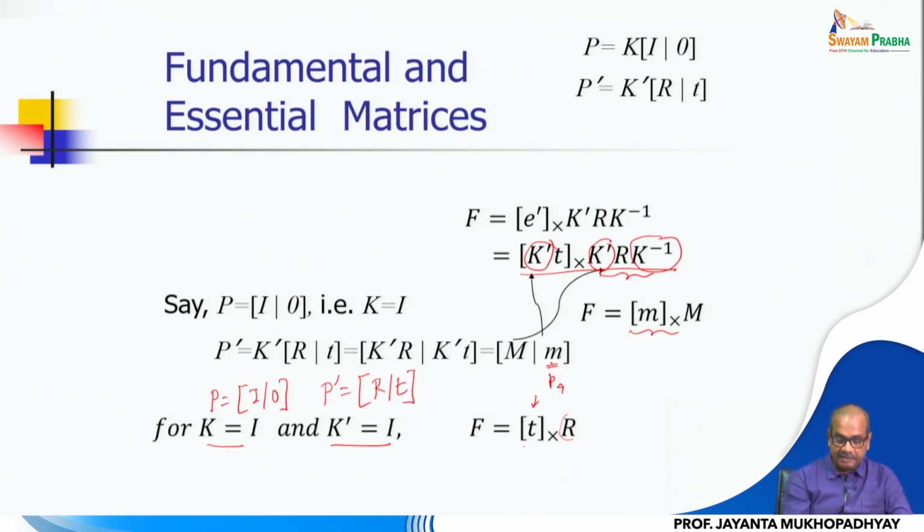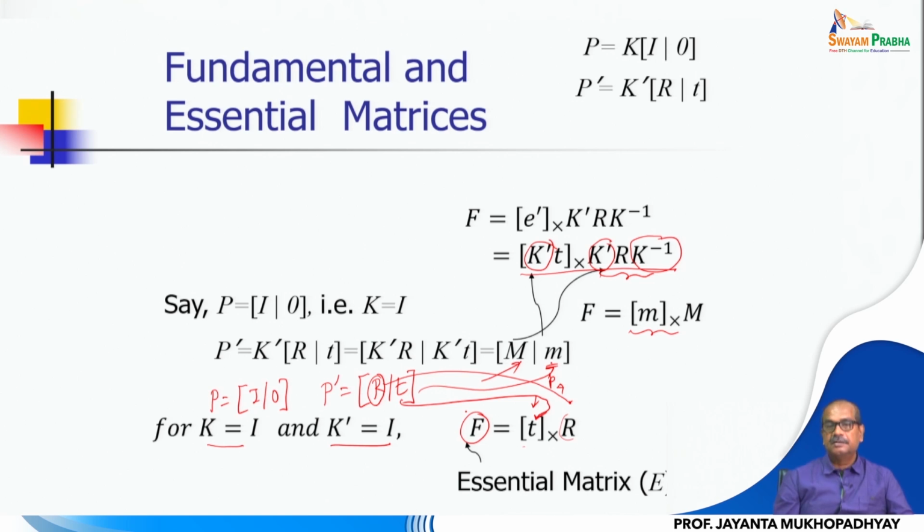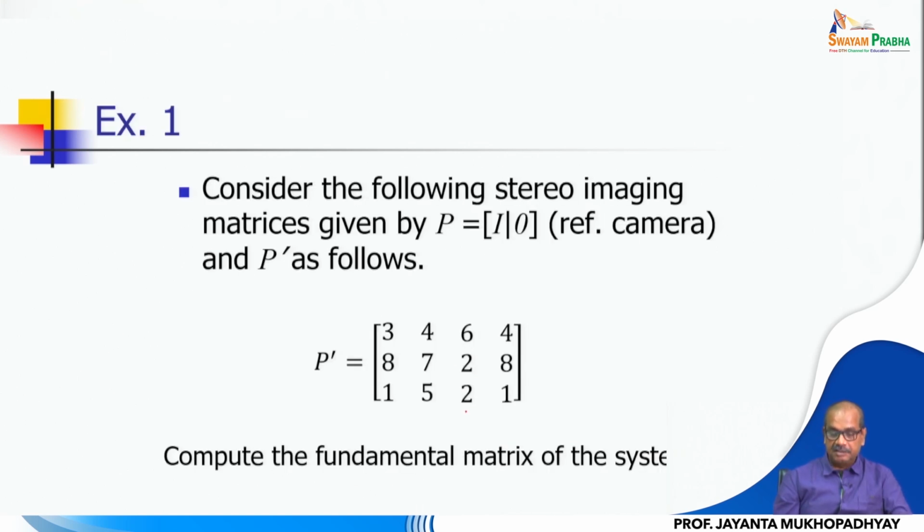You can see that this R is nothing but the respective M in this representation, and this t is the respective small m. Now when we have this configuration, this F is also called, another term, the essential matrix. So the essential matrix is the fundamental matrix of the calibrated cameras. That is the definition of an essential matrix.